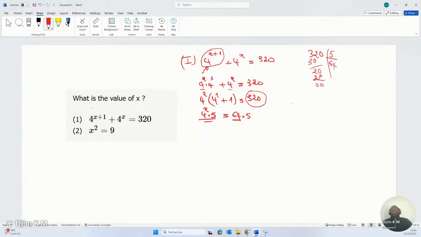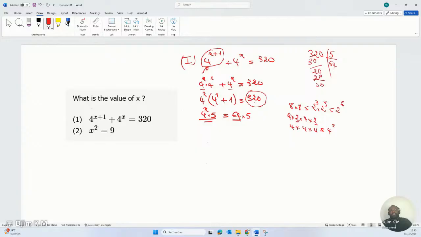So 64 is actually 8 times 8, and 8 is 2 to the power 3, so this is equal to 2 to the power 6. Or we can say that 8 is actually 4 times 2, because 2 and 2 here will be equal to 4.